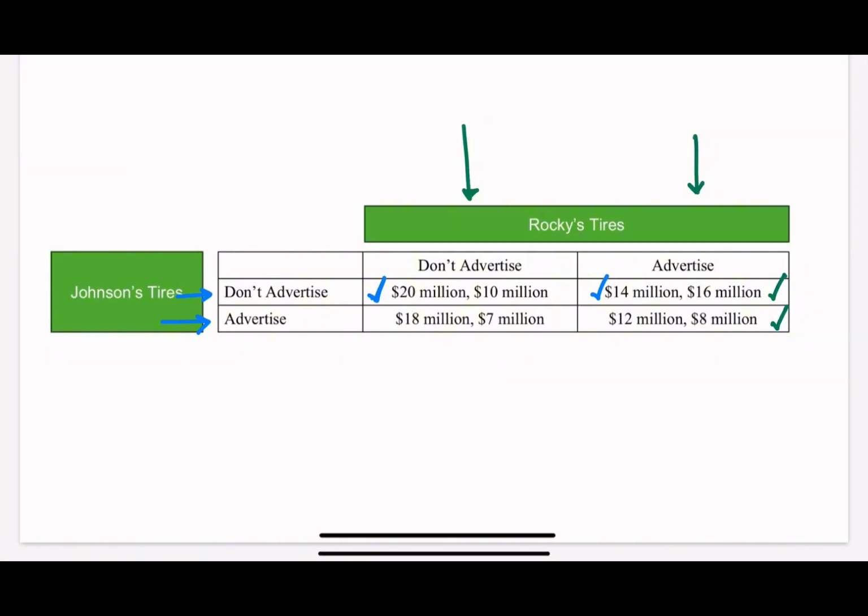However, the Nash equilibrium falls right here, where in this case, the Nash equilibrium is that Johnson Tire, their player one, doesn't advertise, and Rocky Tire would advertise. And at that point, there is no incentive for either to deviate. So if Johnson tries to deviate, they would go down to 12 instead of 14.